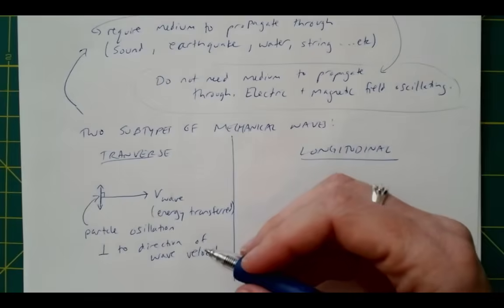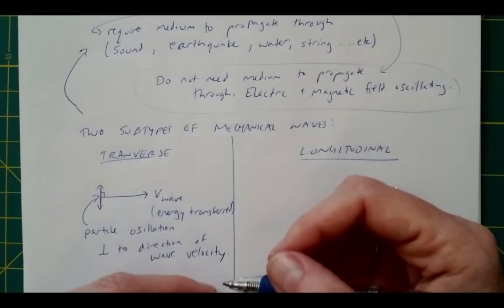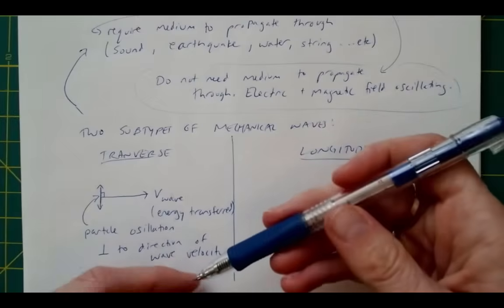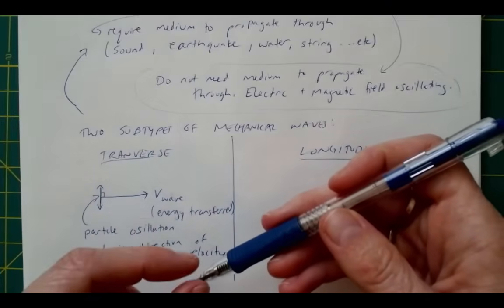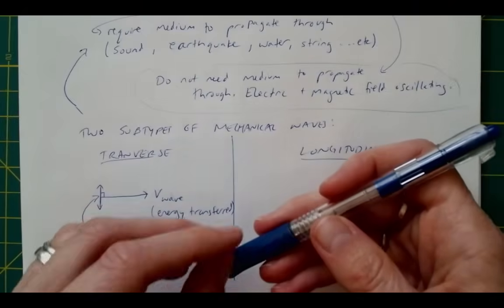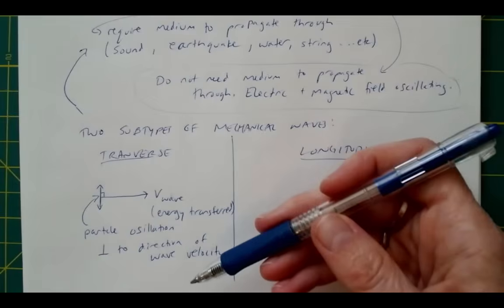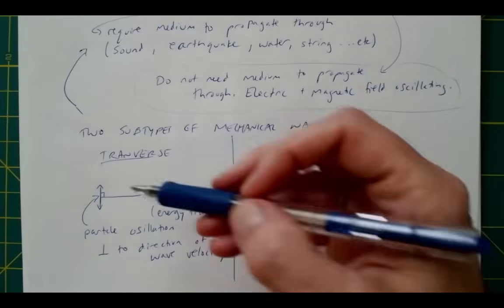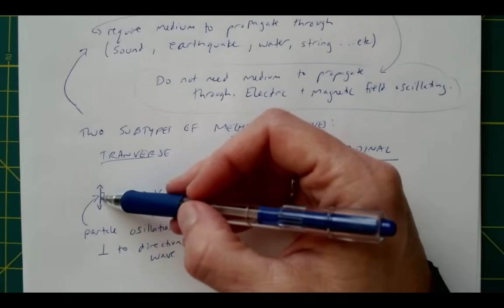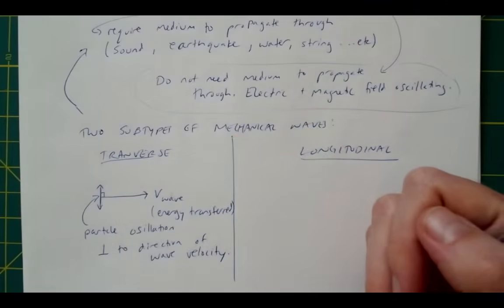An example of this would be, say you shake a string up and then down, and that causes a particle on the string to go up and then down. And then as the disturbance propagates down the string, every particle moves up and down as that wave passes through. And so the individual oscillations of the particles move perpendicular to the velocity of the wave.